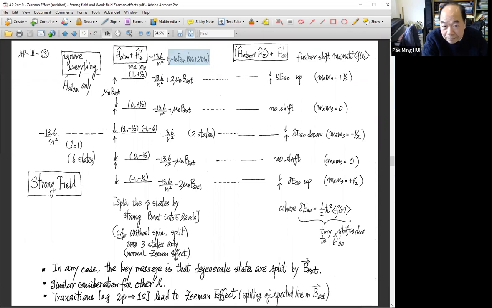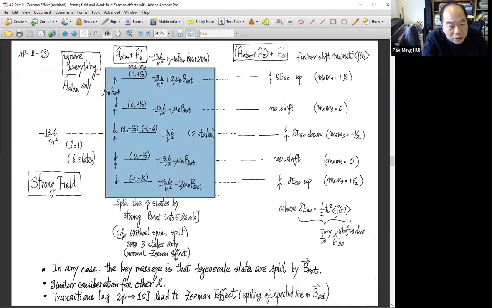We work out these 6 combinations. This number is 2, 1, 0, 0, minus 1, minus 2. Therefore, I have 2 mu B B, 1 mu B B, 0, 0, minus 1, minus 2. Okay, so do you understand how this comes about?